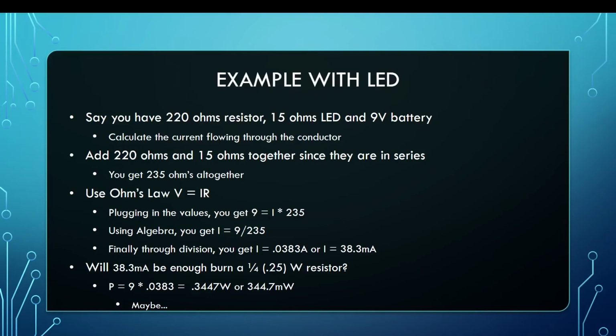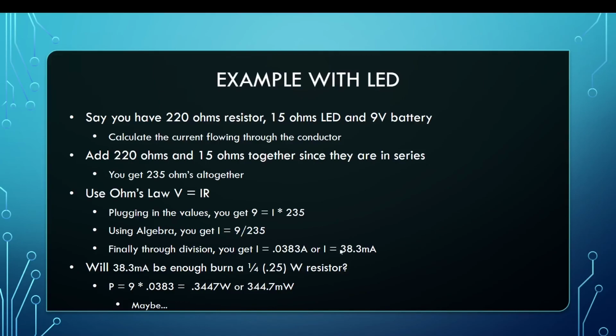So you get 270 ohms altogether. Then you use Ohm's law. It's the same thing, except instead of 220, you use 270 in place of R. Then through algebra and division, you get I equals 0.0383 amps, or 38.3 milliamps.